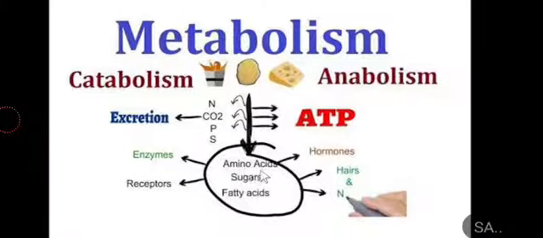Like amino acid is the simplest component of the protein, the sugars are of the carbohydrates, and the fatty acids are coming from the lipids, the fats. So they are just joining together in different sort of sequences, and they are making different structures, different chemicals like hormones, like enzymes and hairs and nails they're forming. So side by side, you're looking here, side by side, the catabolism and anabolism are happening, and both of them are the types of metabolism.